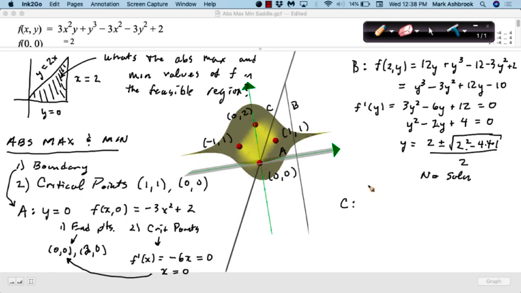We still have endpoints, which are 2, 0 and 2, 4.